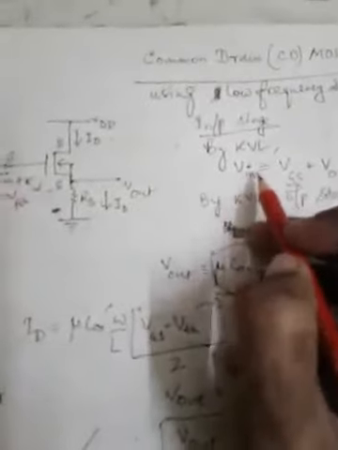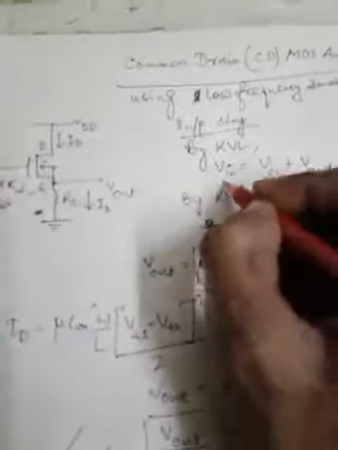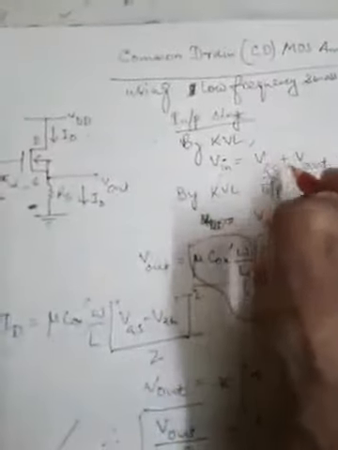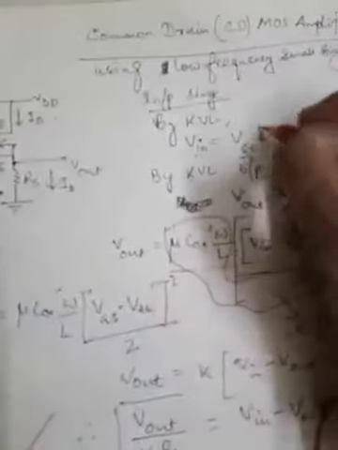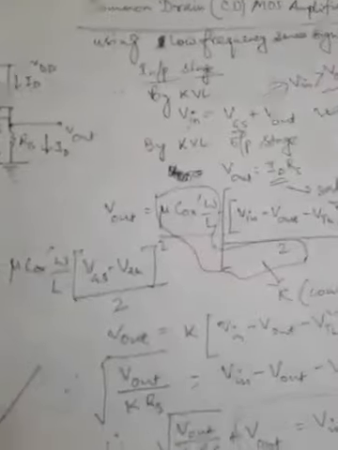And if we consider this input stage equation, we can see from here also that Vin is found by VGS plus Vout. That means from here we can say that Vin must be greater than Vout. And these values are the DC values.